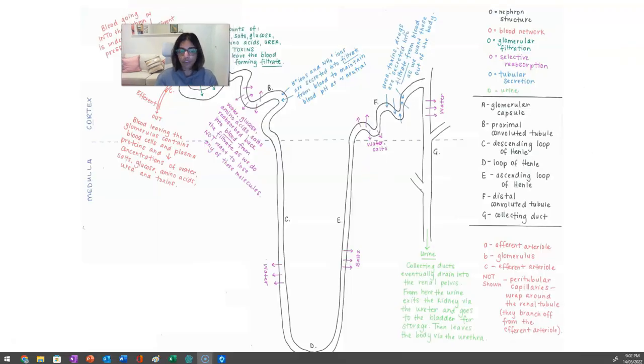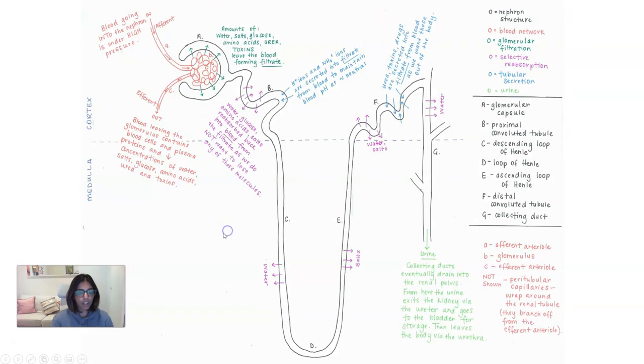Okay, the last thing I want to show you is a summary of the nephron. So from the picture that you drew in the last lesson, it would look something like this. You can either add to it if the piece of paper is big enough, or you might want to stop and redraw it to summarize what's going on here. I would highly recommend that you do so, and you don't have to use these colours.